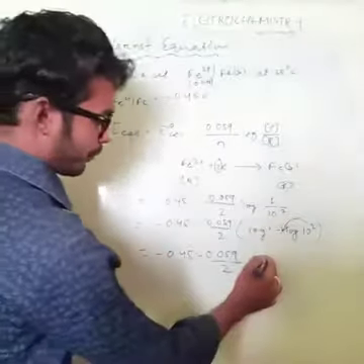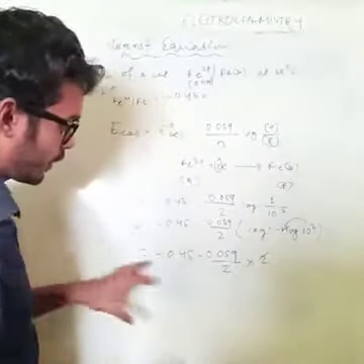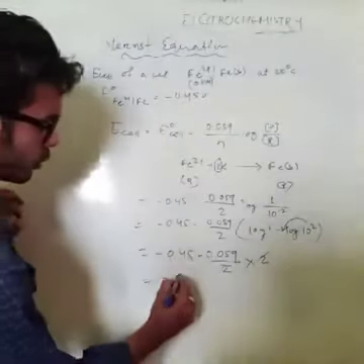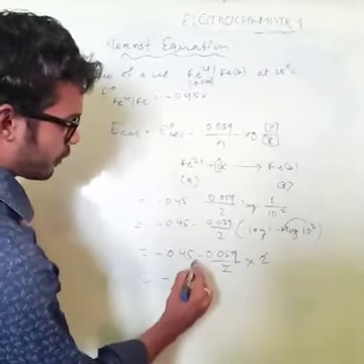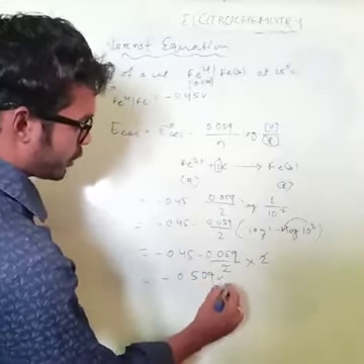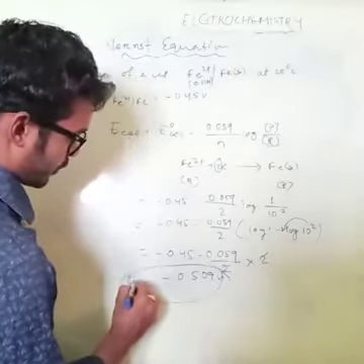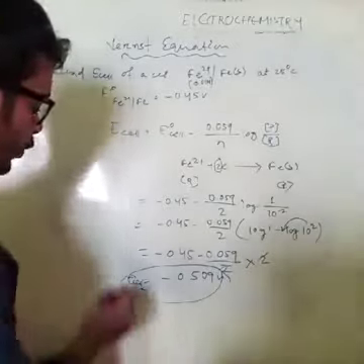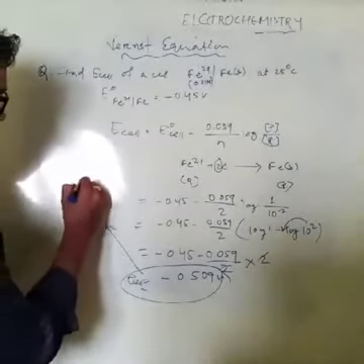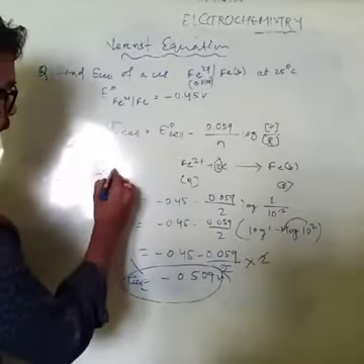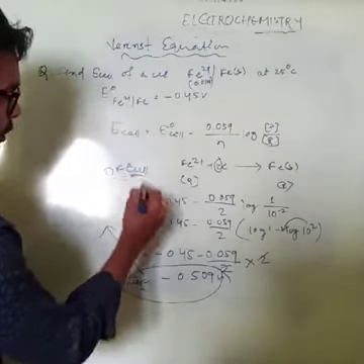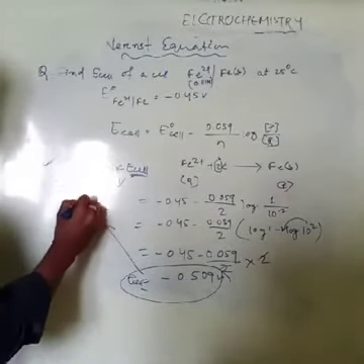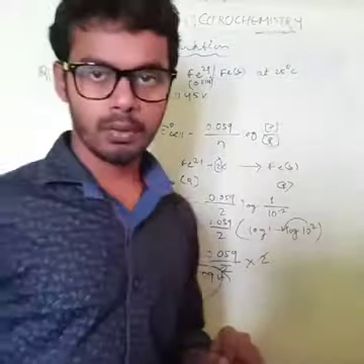The 2s cancel. So the final value is minus 0.509 volt. This is the value of E cell. This is how you need to solve. If you know E cell, you can easily calculate del G also, because del G is minus nF E cell. You know the value of E cell and you know F. Calculate it and comment what the answer will be.